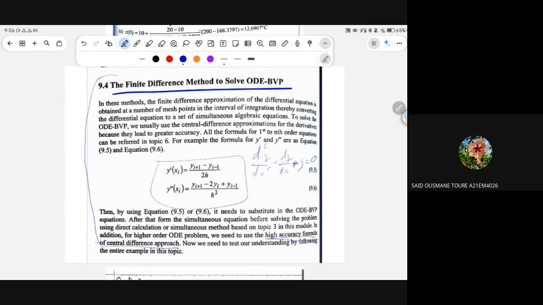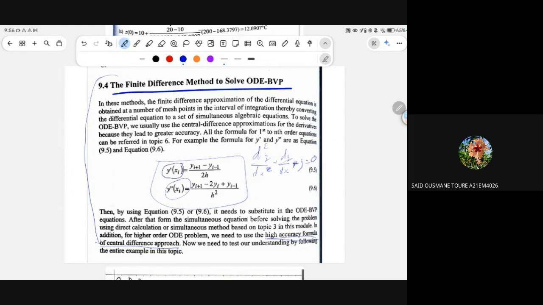That's the second degree order differential equation. For the second derivative of y, it equals y_{i+1} minus 2y_i plus y_{i-1}. We'll get into it, don't worry. But the essence of it is here.